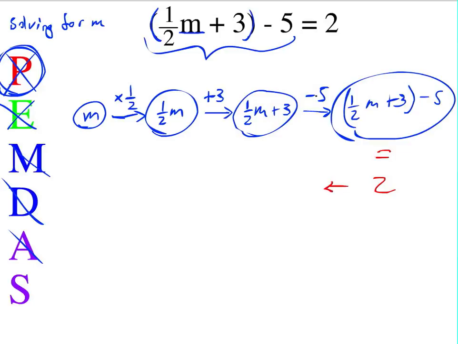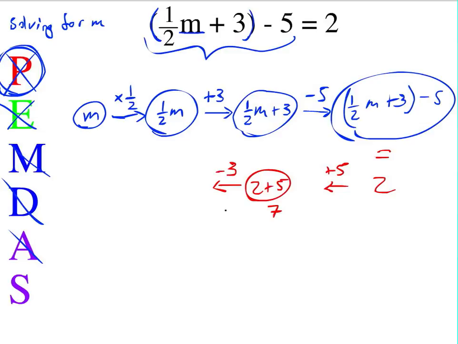So our first operation that we see here is minus 5. The inverse is going to be add 5. So we start with 2, we add 5, and that's going to come out as 7. Looking at our next arrow, our operation is adding 3, so we have to subtract 3.